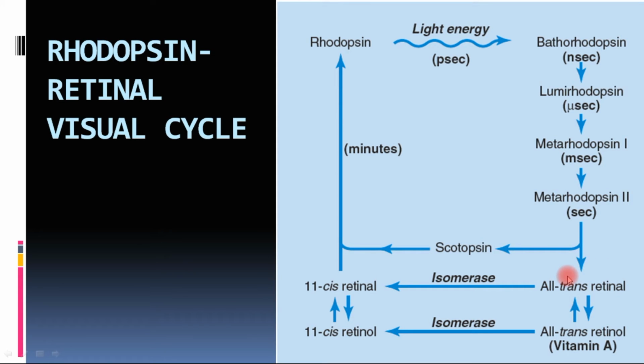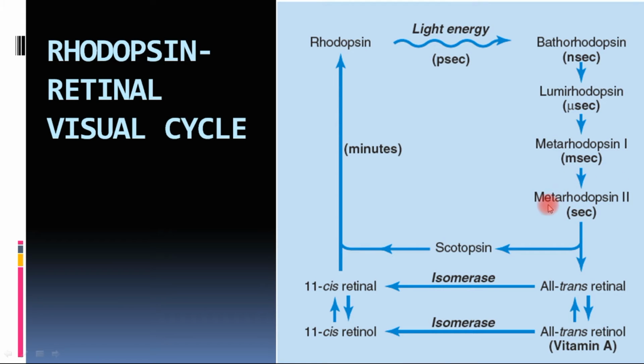So basically, light energy converts 11-cis retinal to all-trans retinal. All-trans retinal cannot stay with the scotopsin because its conformation is different from 11-cis retinal and does not fit on the scotopsin. That is why they split up, and these are the products formed in that process.